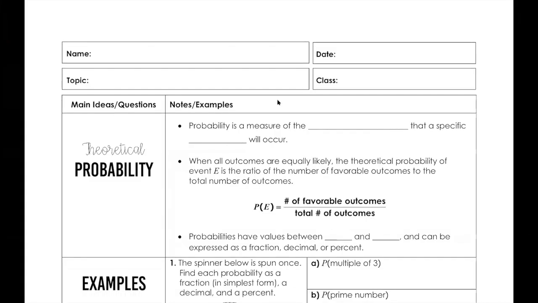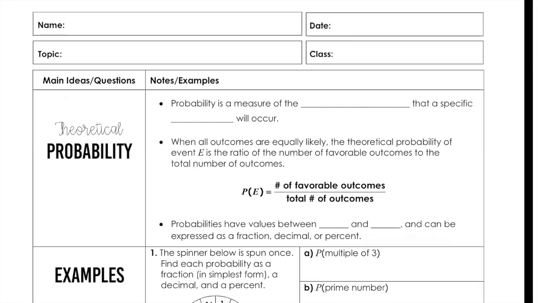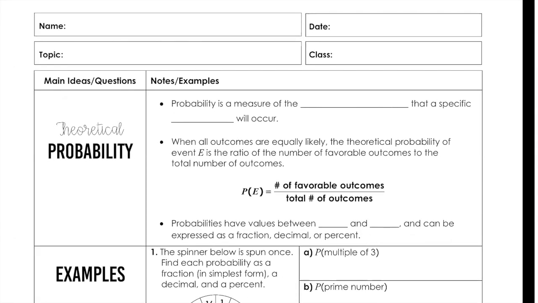So now we're going to go ahead and move our discussion into theoretical probability. Theoretical probability is a little different than our outcome and our experimental probability, but not that much, because it's just the probability that we're going to measure the chance of a specific event occurring.